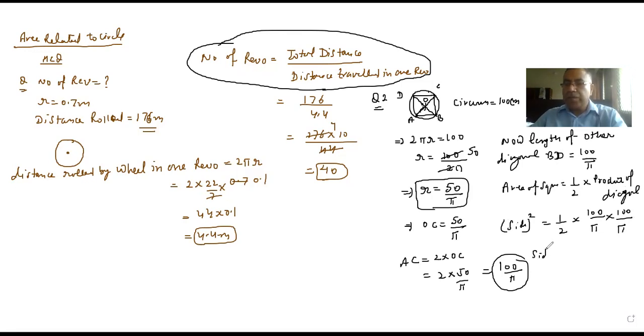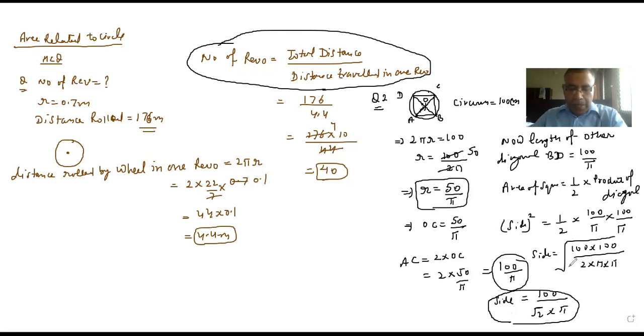So what should be the value of side? This is the square root of 100 upon 2 into pi. So this is 100 upon under root 2 pi. This is the side of the square.